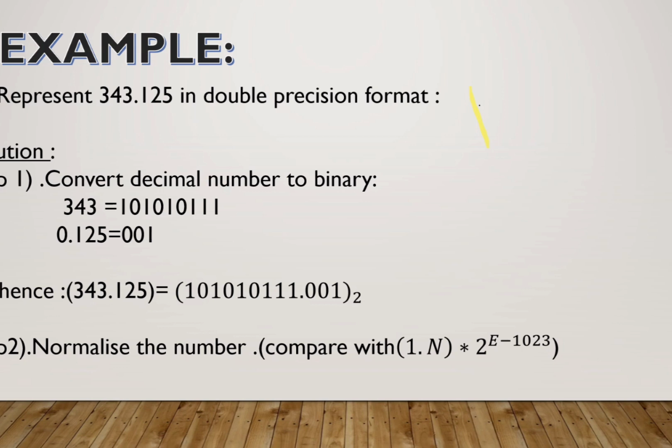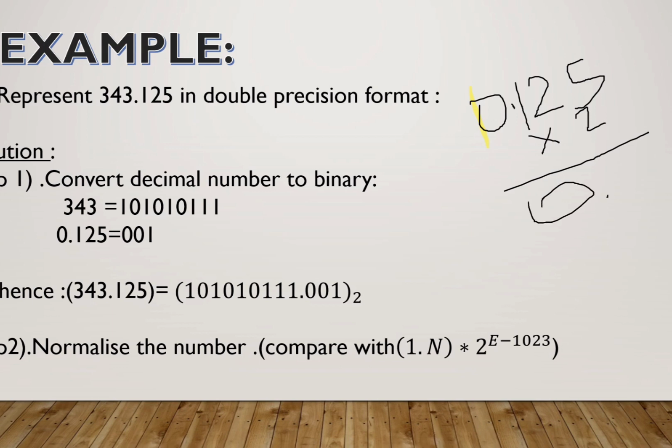Our number was 0.125 multiplied by 2, so we will get 0.25. I got 0 to the left of the decimal, so I wrote 0.